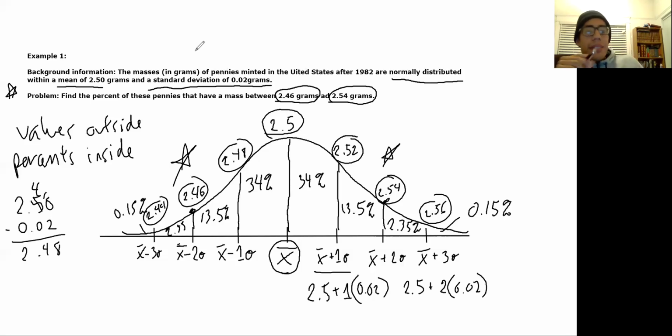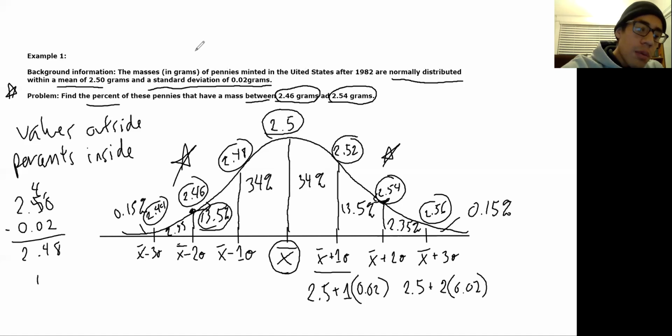Okay, now if they want to find the mass between, right? They also want the percent. Well, all our answers are just going to be in percents. So we're going to take everything that's to the right of this value and everything that's to the left of this value, and we're going to just add it together. By value, I mean the percentages. So I'm going to take the 13.5 from here, right? So 13.5%.